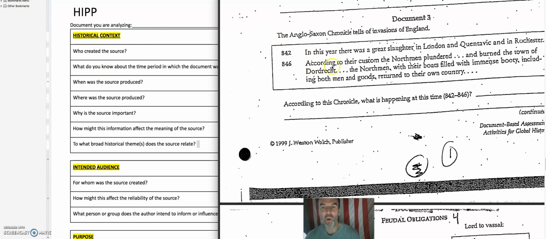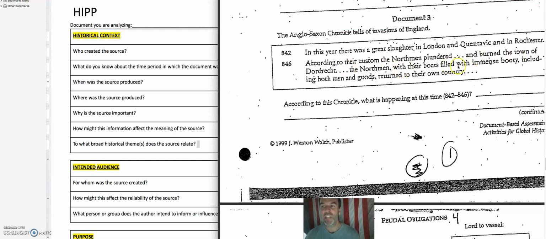For example, "according to their custom." Just by looking at that preposition, it's assuming that this is very common for them. This wasn't an isolated incident. When they say the Northmen plundered, they came, they took, they stole, they injured, they murdered, they killed, and they burned the towns.